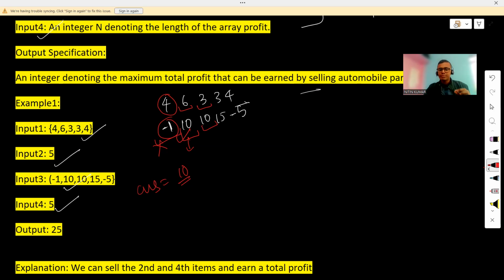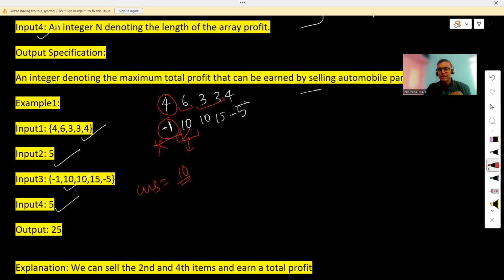The statement says that whenever the same unique ID occurs consecutively, that means two consecutive unique IDs occurring one after another with the same ID, then we have to choose only the one which has the largest profit among them. So we only have to choose one between these two with unique ID 3.